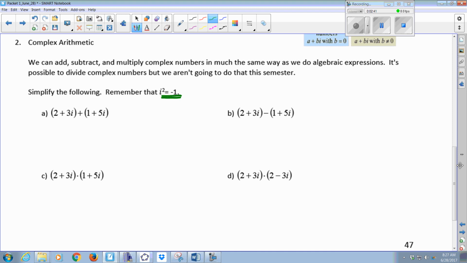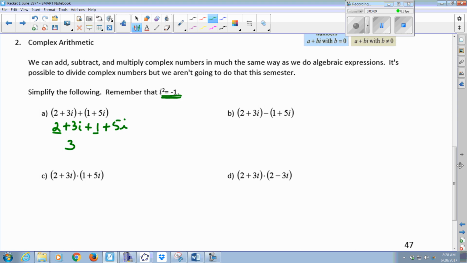So the first thing we see here in 2a is an addition problem. So we can drop the parentheses here and we get an addition problem. And what we notice about addition has not changed, that we can only add the like parts of our addition problem. So 2 plus 1 are constants, and we can add those and we get the number 3.